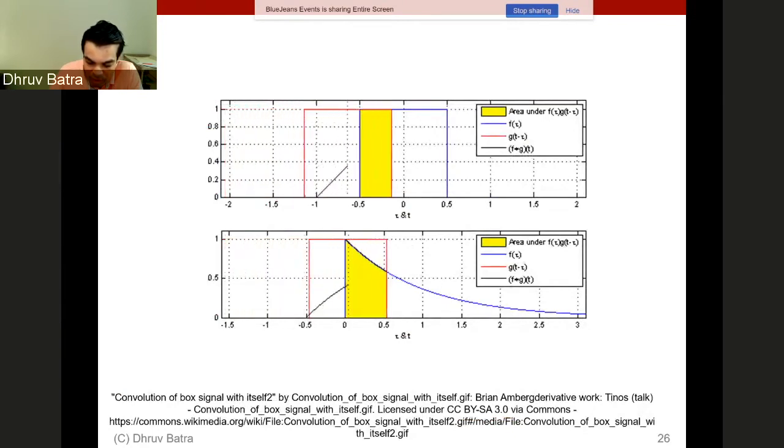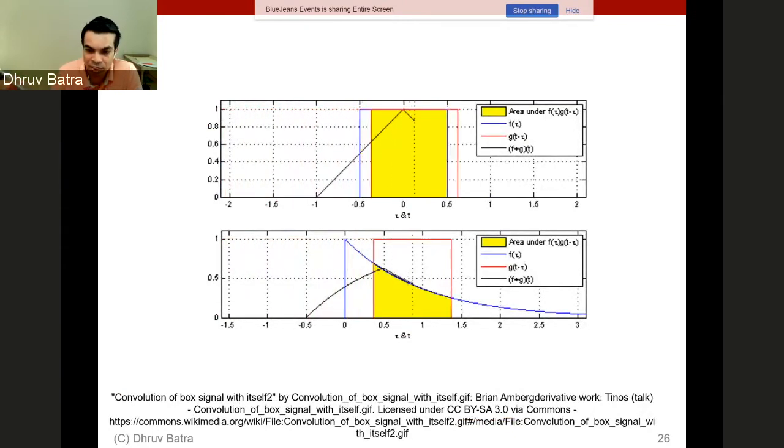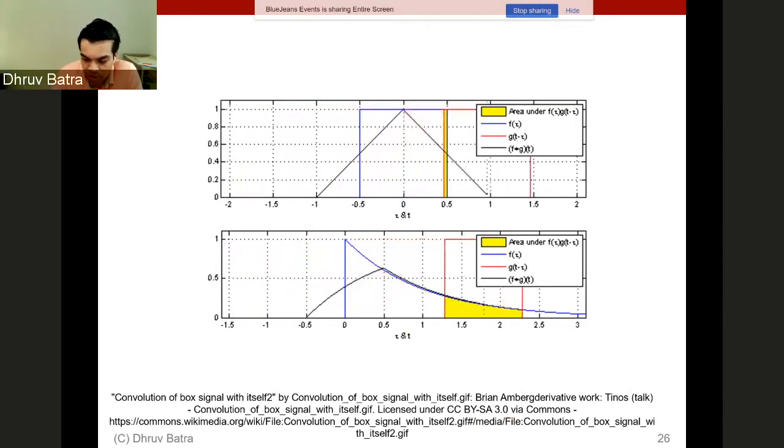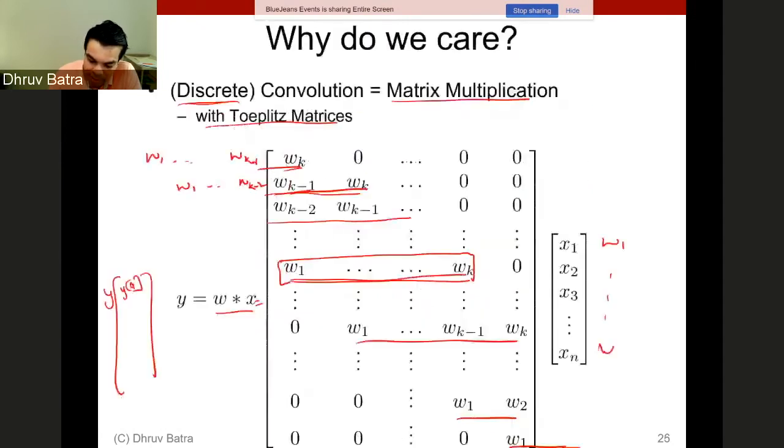I take a filter and place it at various locations and slide it across, and any time the filter and the signal overlap, I multiply those entries and sum them up. I've expressed all of those placements as rows of this matrix, and that's how I know this is computing all of those operations as a matrix vector product.